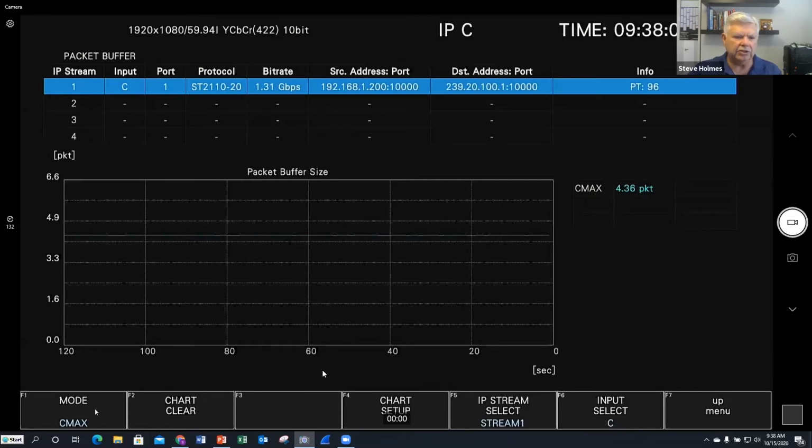And then if I change over to my VRX, so now this is looking at going from line rate of either 10 gig or 25 gig down to my 1.3 gigabits. So if you look at the top of the screen up here, you can see that my data rate is 1.3 gigabits, which is what my video is when I remove the vertical interval and I remove the horizontal interval.